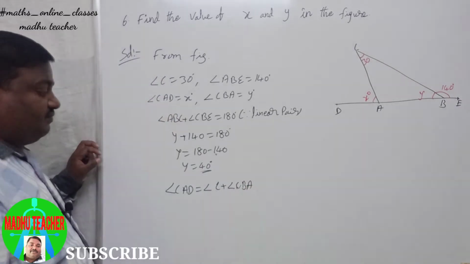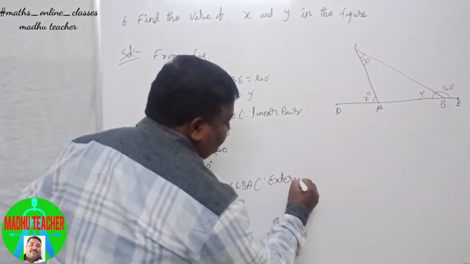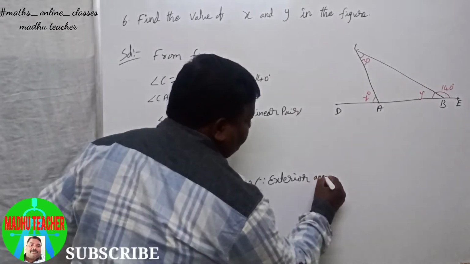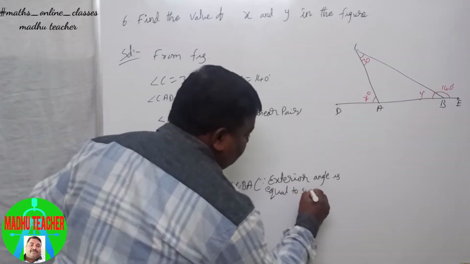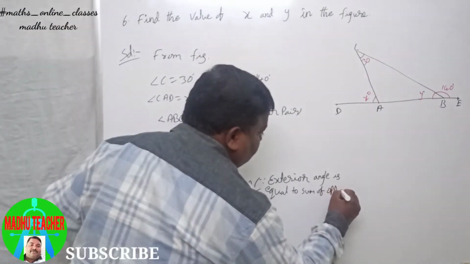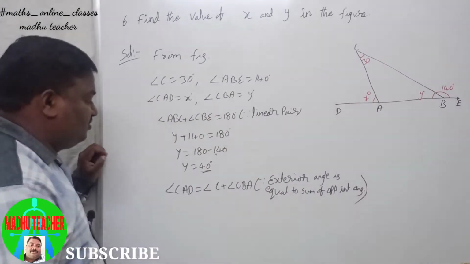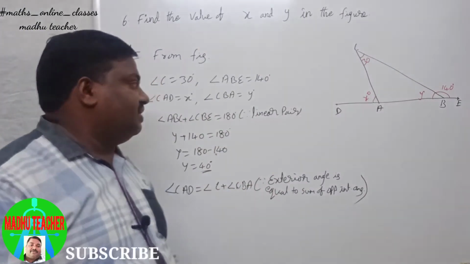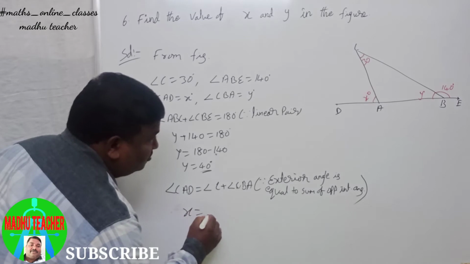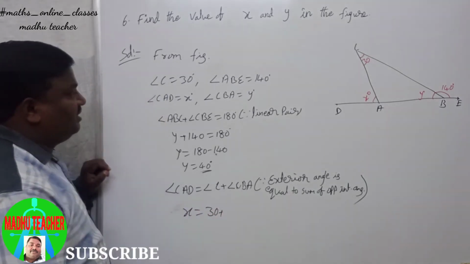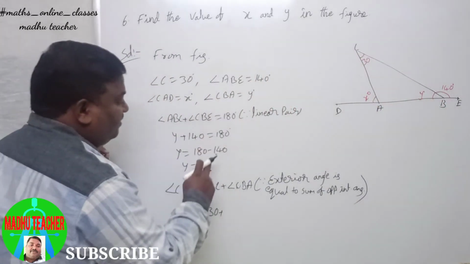Therefore, x equals angle C, 30 degrees, plus angle CBA, which is y, 40 degrees.